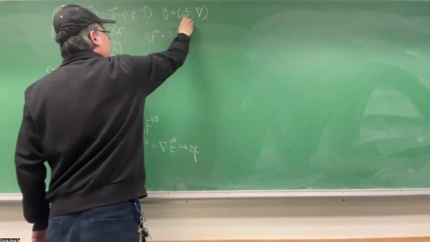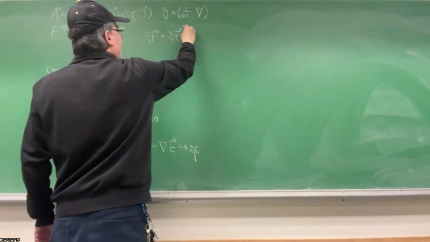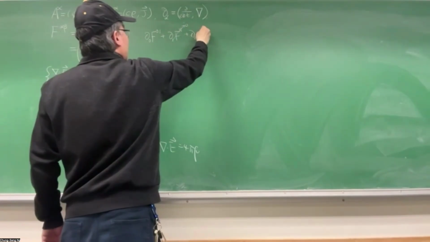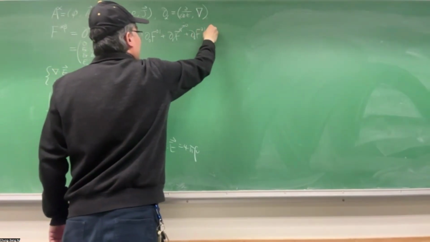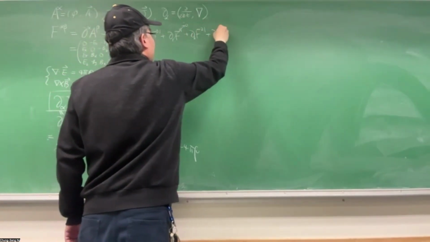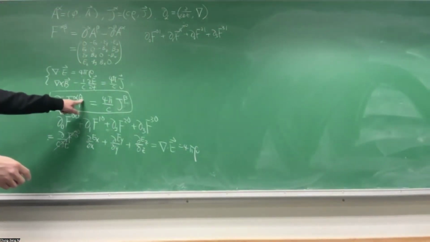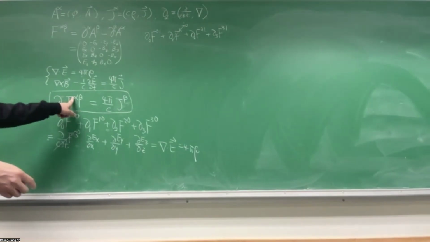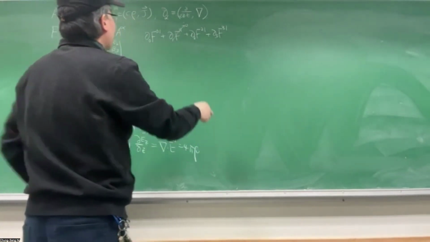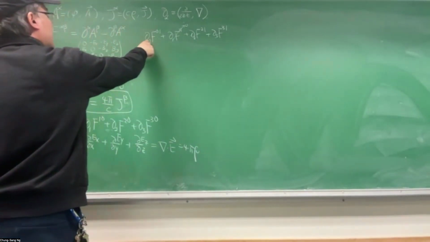Now we know that with the anti-symmetric. Plus partial 2 F 2 1, plus partial 3 F 3 1. So this is the one component of this one. You sum over all the indices. Okay, now substitute things.